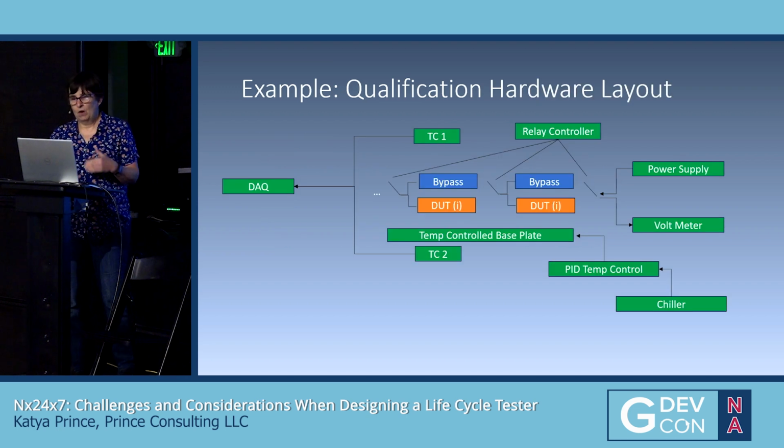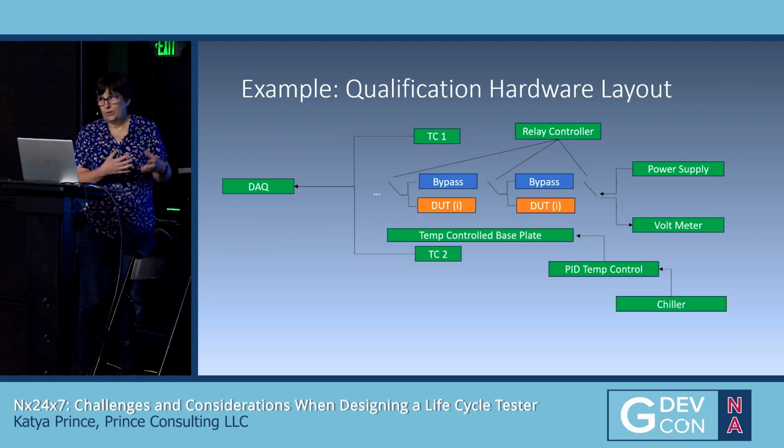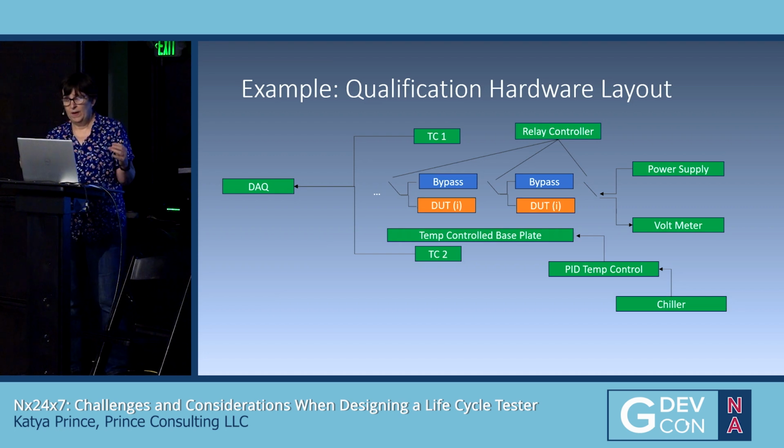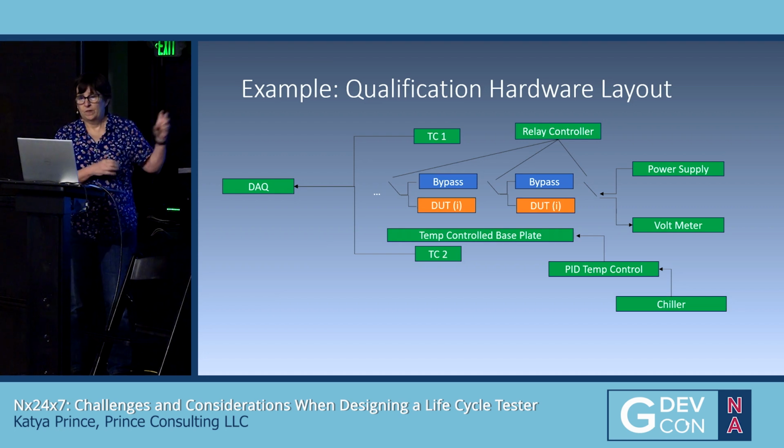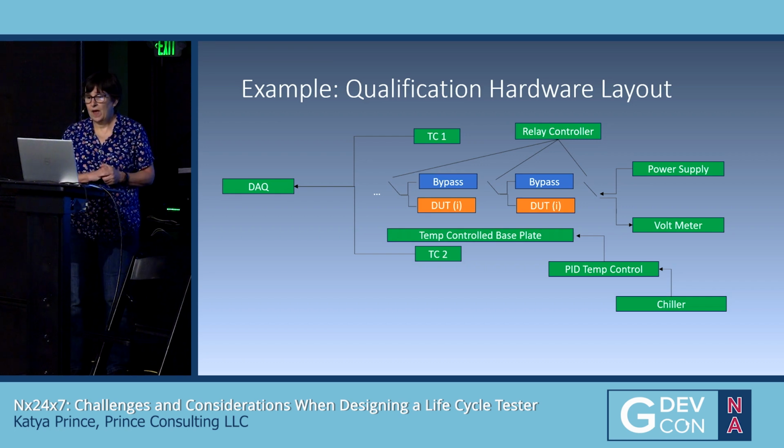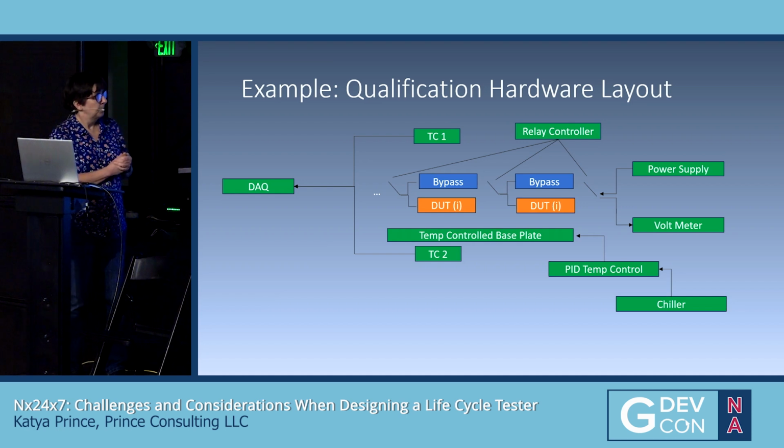So in this case, the hardware that we used, rather than having each DUT tested independently, they built a system where all of them were tested in series. And when we do that, you can have one power supply, maybe one voltmeter. You still need the base plate, and you still need a couple of thermocouples, and those were used more just to verify things were not going awry.